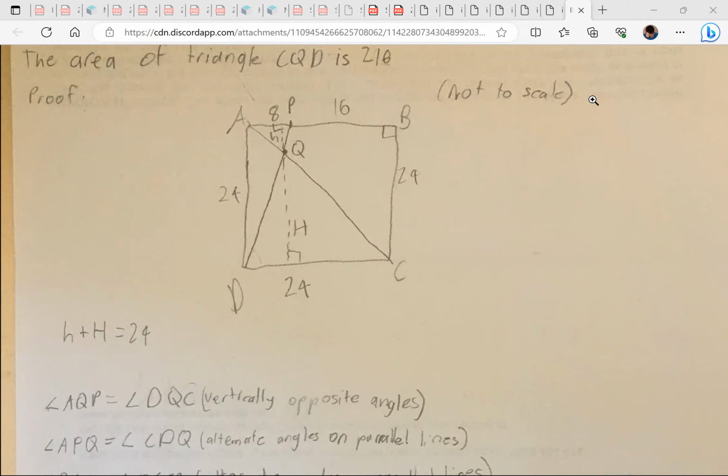I would have naturally picked A as the origin, but it's a square. If you pick D, then it's all positive, right? I guess D is a good choice. One reason why D is a good choice is that what you need is the equations of lines AC and DP. If you can find those two lines, you can find Q. Obviously the line DP is more difficult than the line AC, which is a 45-degree angle.